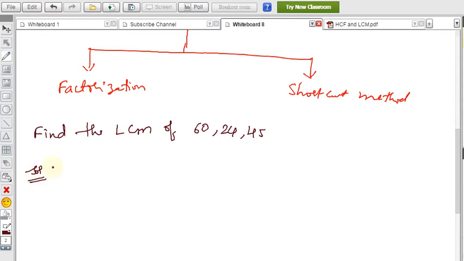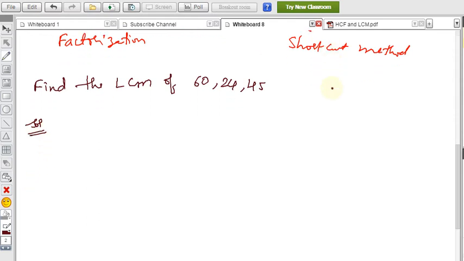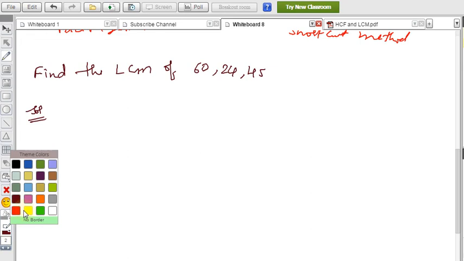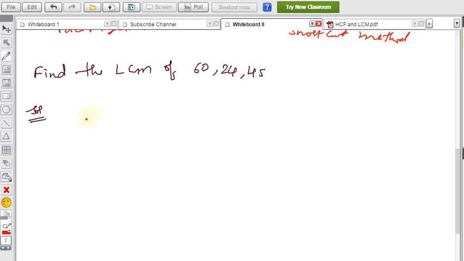Okay, in the solution, first we have to factorize every number. The given numbers are 60, 24 and 45. Taking 60, it is divisible by 30.